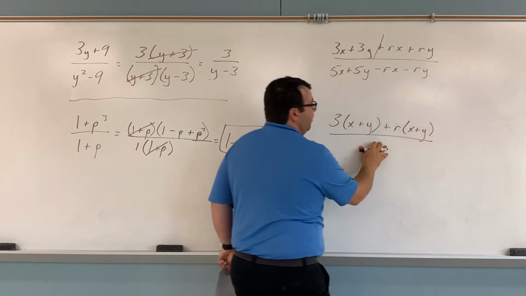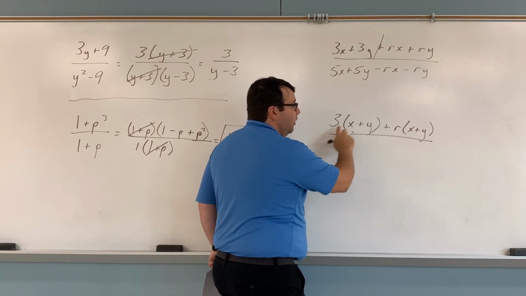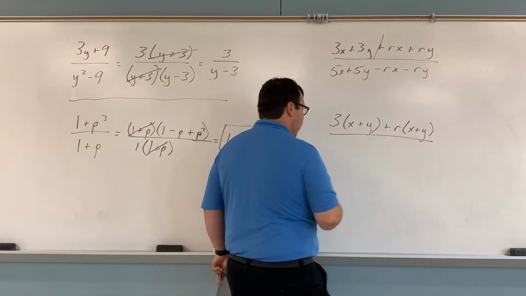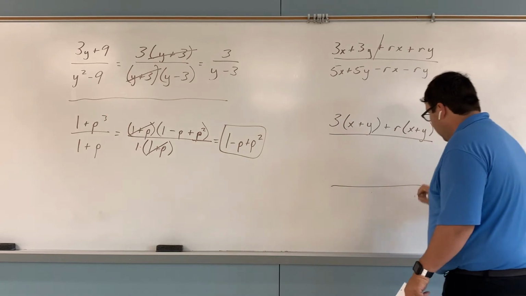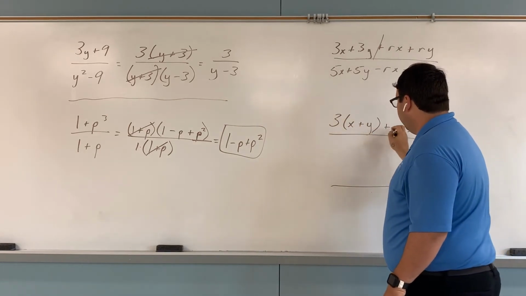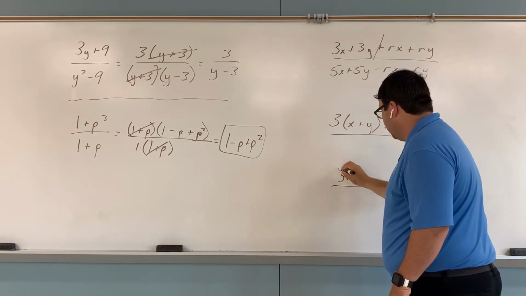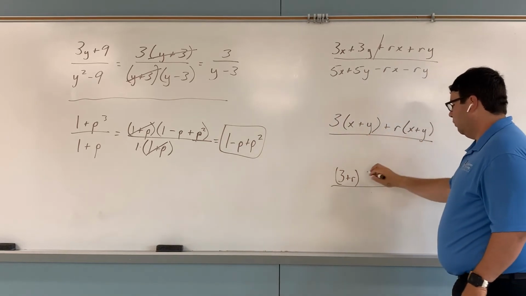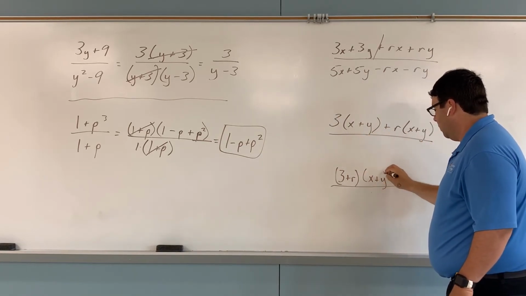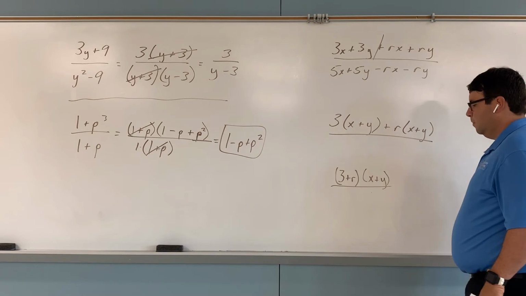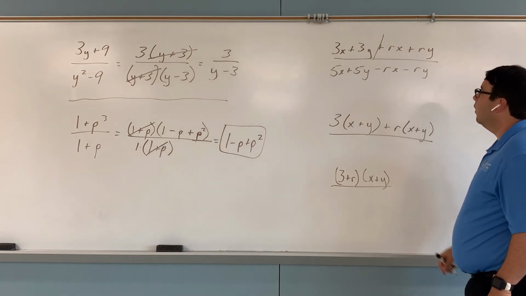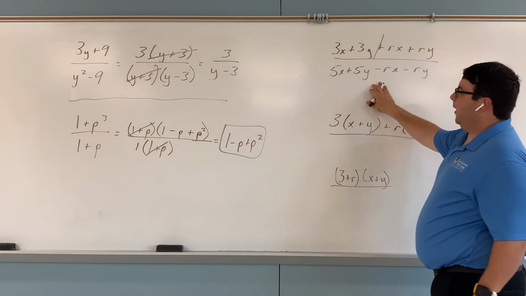I do have a denominator, but I'm going to come back to this because I want to finish my numerator work first. Just how I work. So I have 3 plus r, and I have x plus y. Awesome.